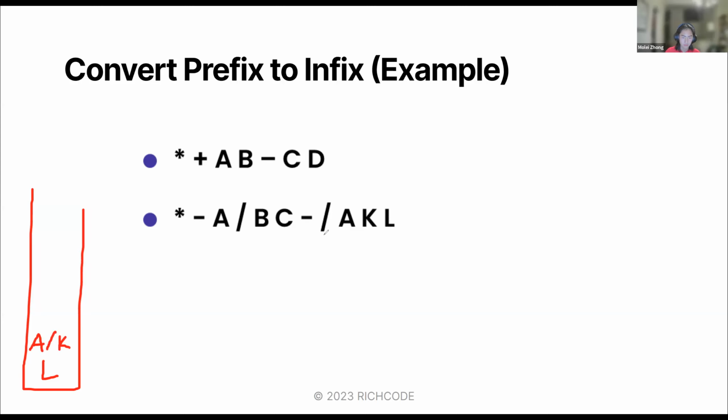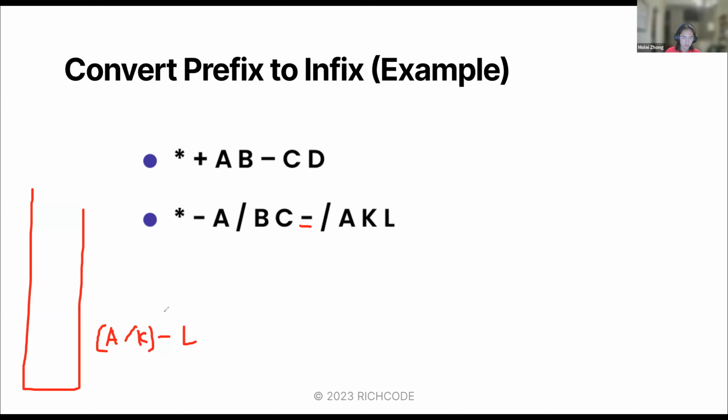Okay, let's keep going. Then we have a subtraction here. So we take out our top two elements again, A divided by K and L. So this becomes A divided by K minus L, and let's put this in parentheses.